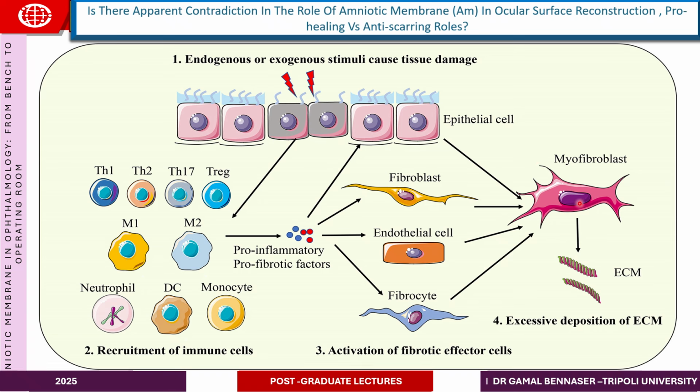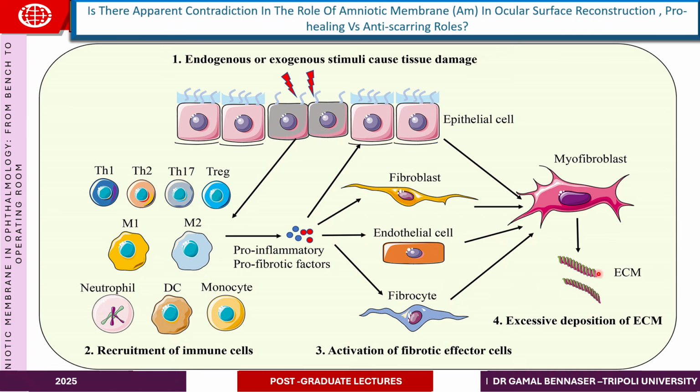The myofibroblasts will end up with extensive fibrosis and contraction of the tissue, and we will face the unwanted effect of the fibrosis. So the amniotic membrane acts as a balance between the promotion of inflammation as well as the inhibition of the fibrosis.